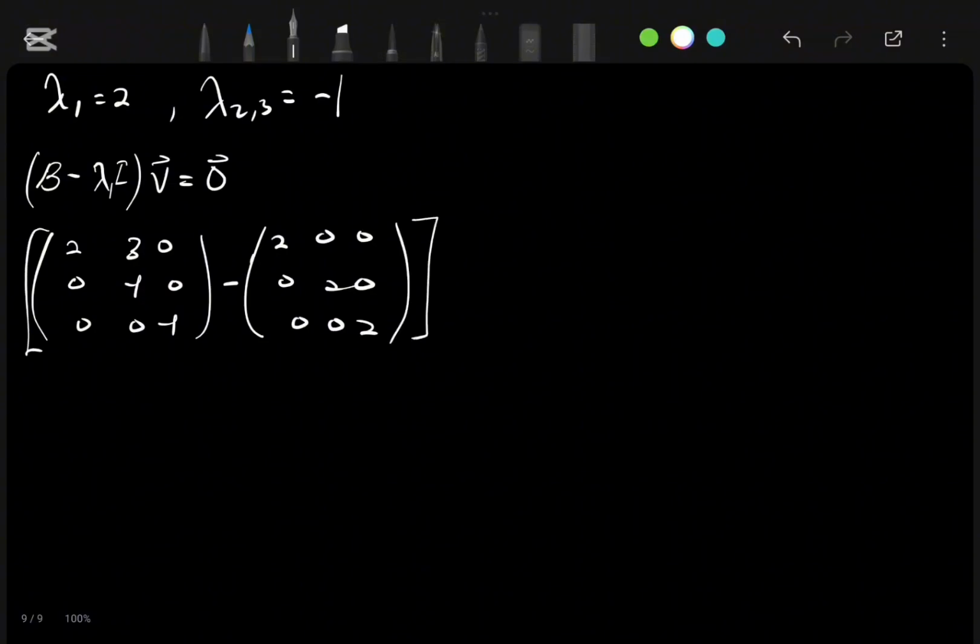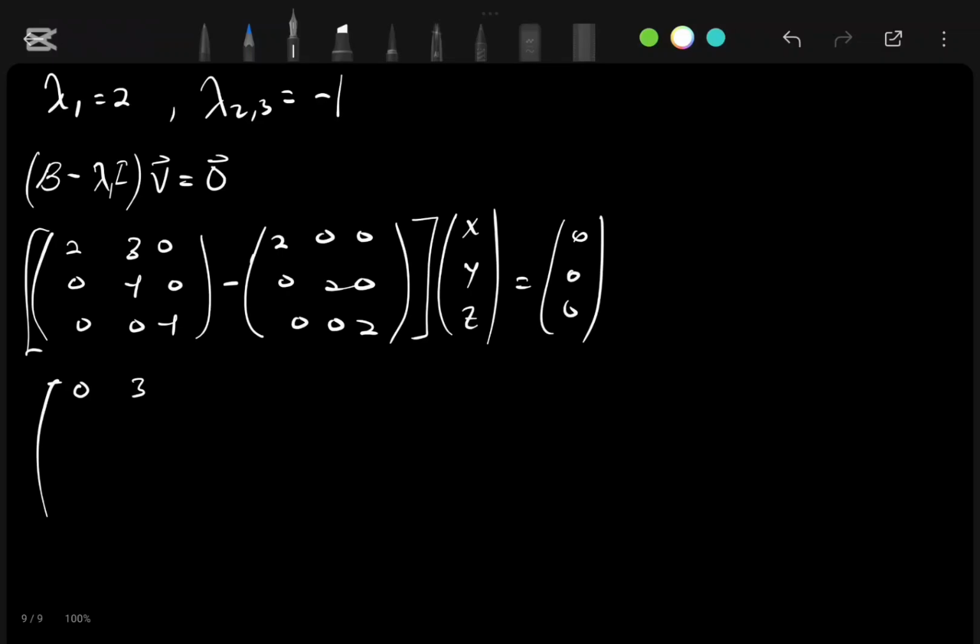All these multiplied by our vector x, y, and z equal to 0, 0, 0. Simplifying, we'll have 0, 3, 0, 0, -3, 0, 0, 0, -3.